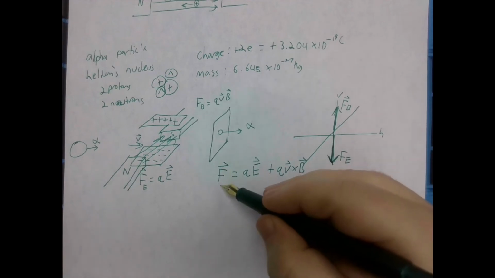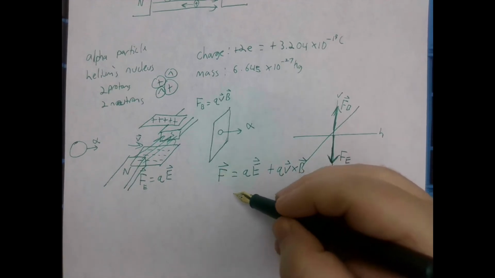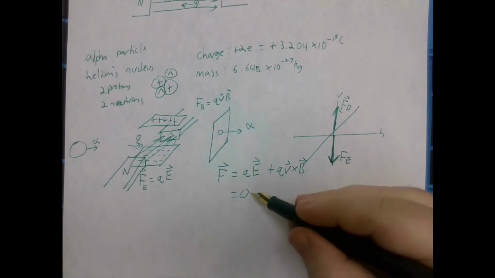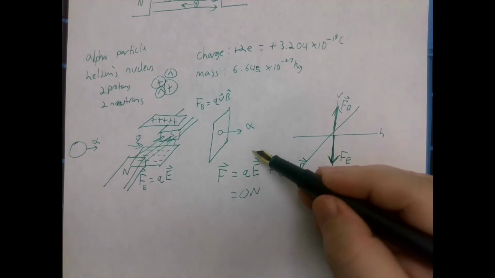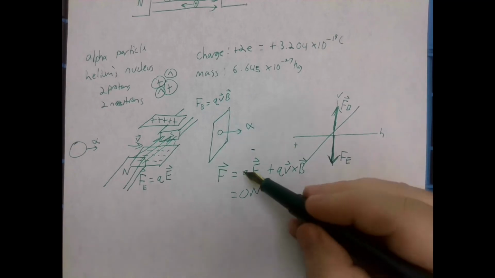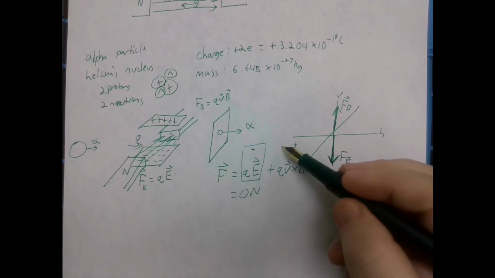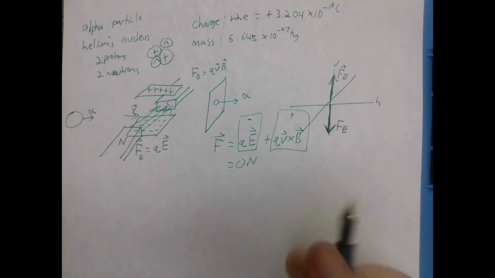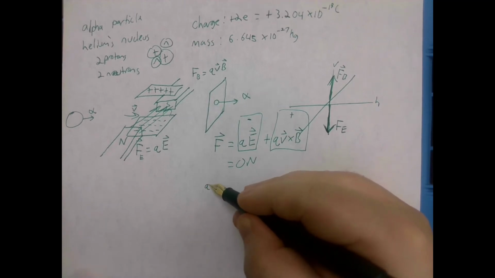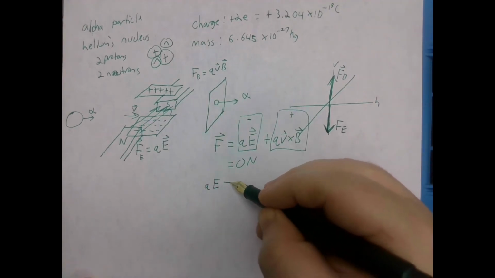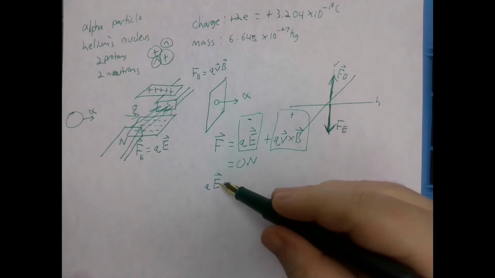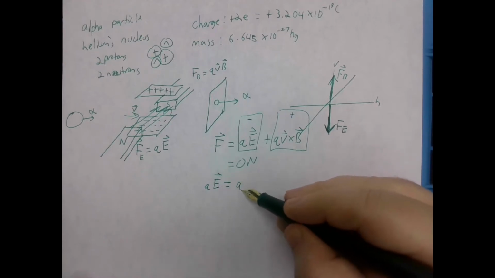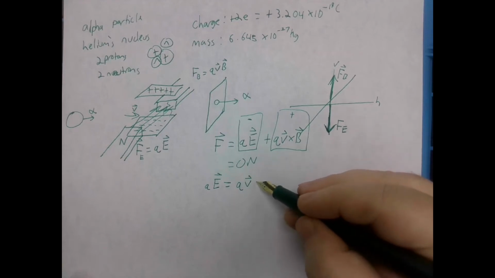We want the force to be equal to 0. Since these are in opposite directions, this one will be negative and this one will be positive. We want these two components to be equal. Thus, we want the electrical force to be equal to the magnetic force.